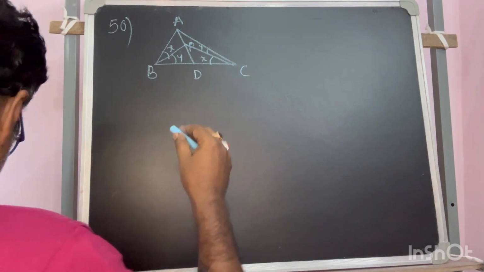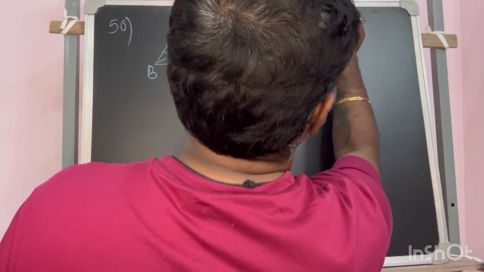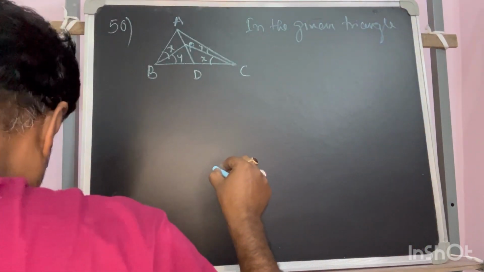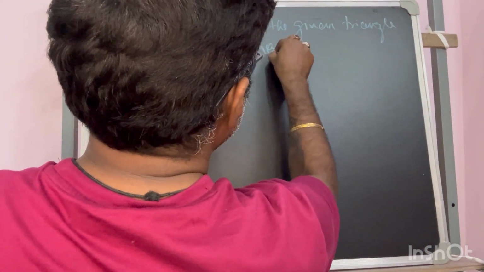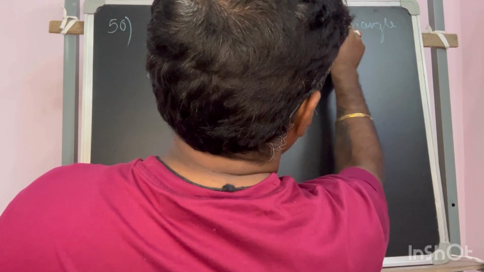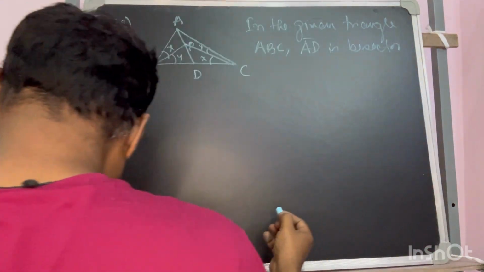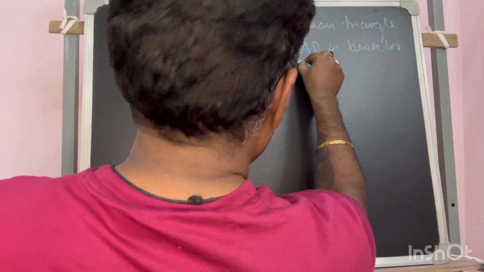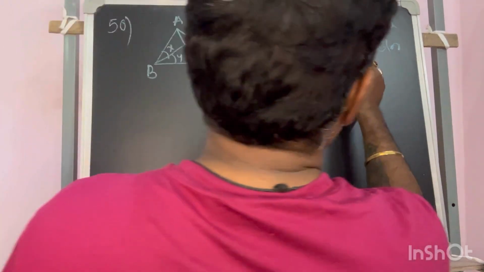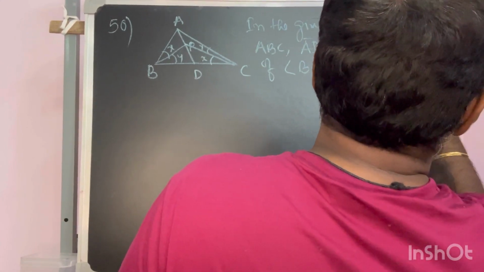So the problem says in the given triangle ABC, AD is the bisector of angle BAC and angle DAC is equal to 30 degrees.